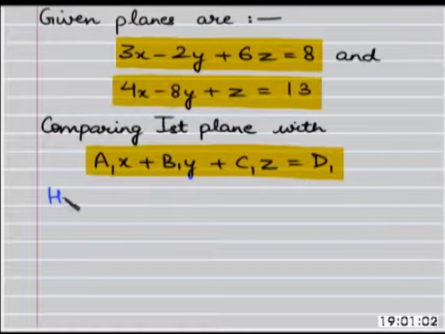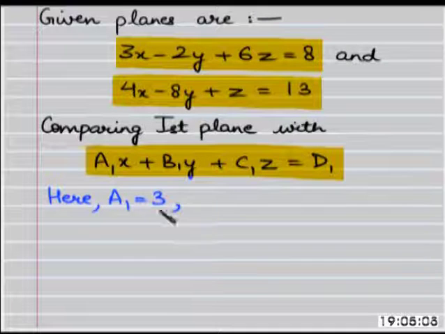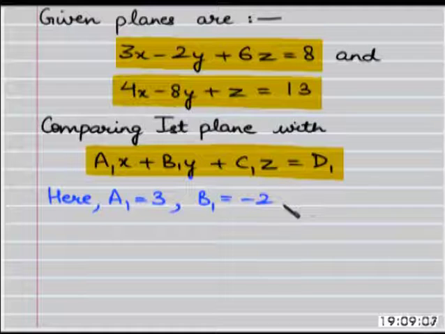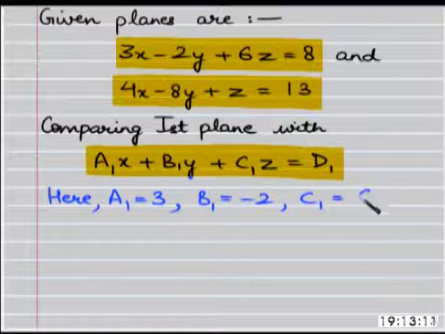Here a1 is equal to 3, b1 is equal to minus 2, c1 is equal to 6.